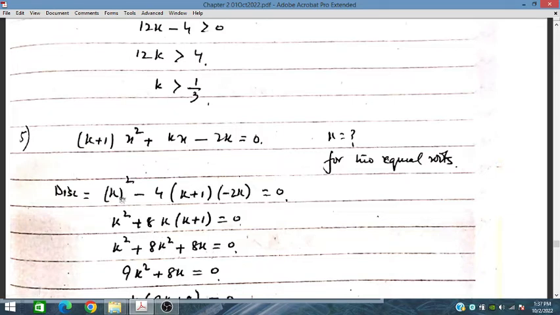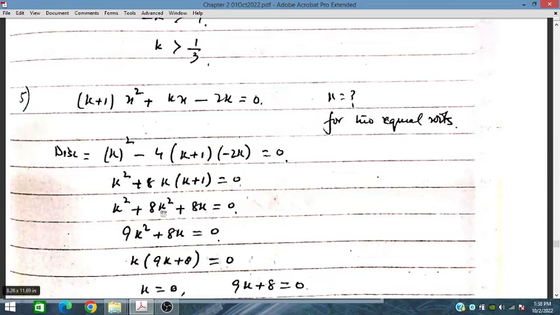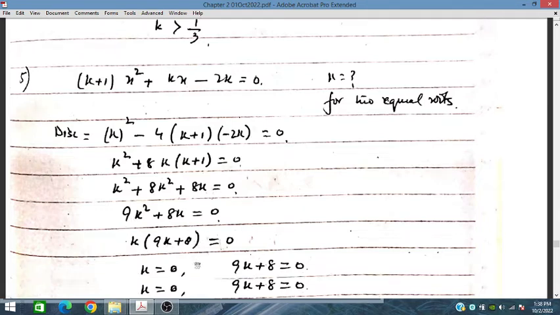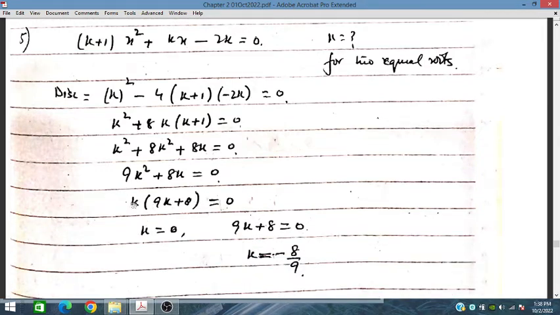So k square minus 4k plus 1 minus 2, and by simplifying further we get 8k square plus 8k equal to 0. So k may be taken out as a common factor, so k is equal to 0, either this equals 0 or that equals 0.